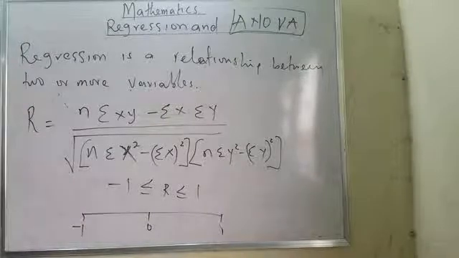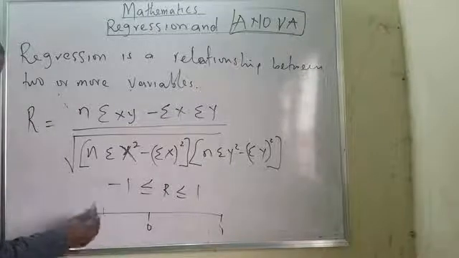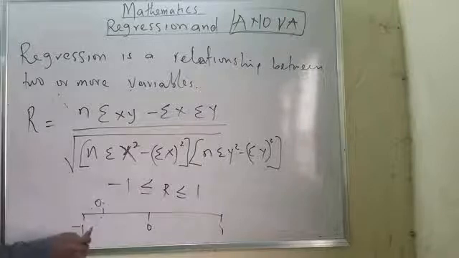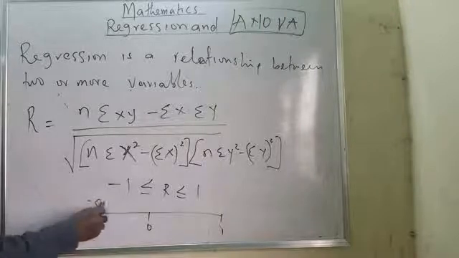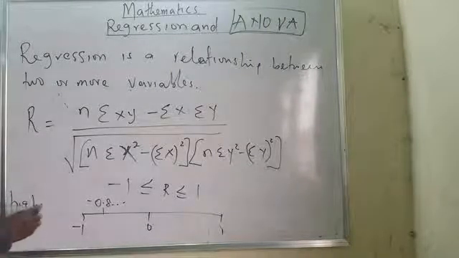When your value is negative, it shows a negative relation. If the negative value is very close to minus 1, like minus 0.8 something, we call it highly negative.